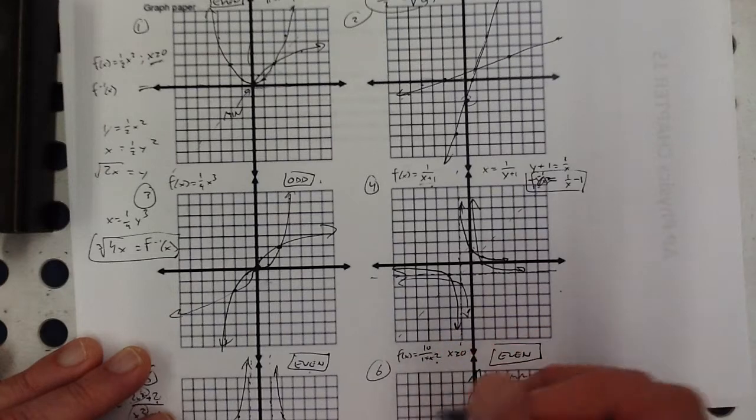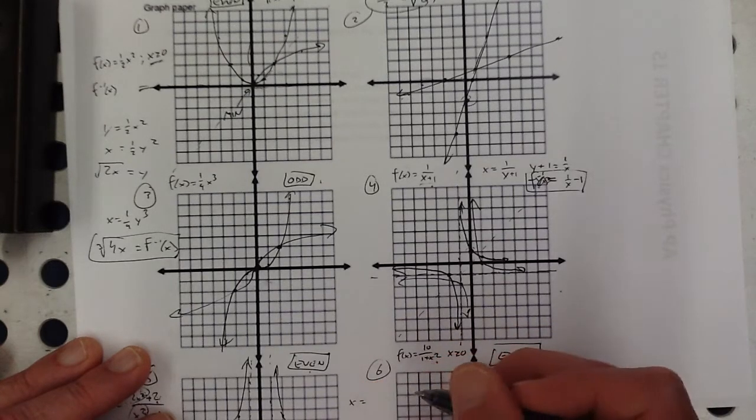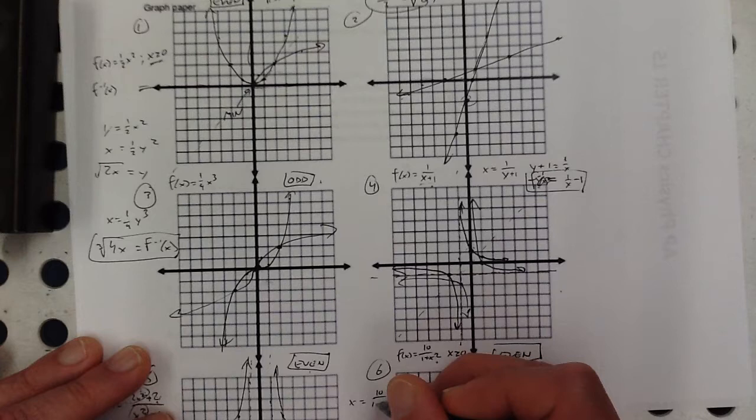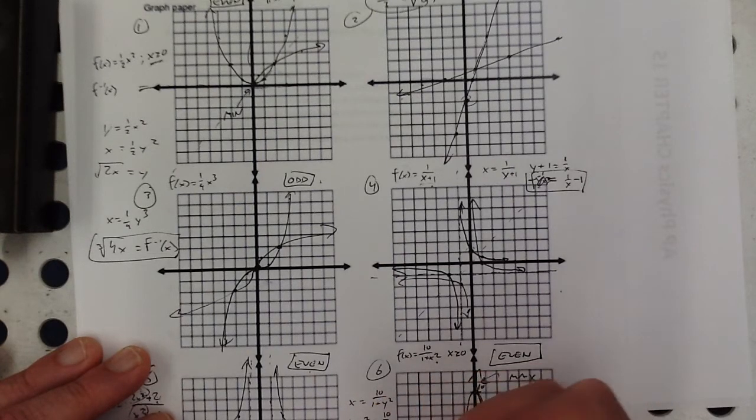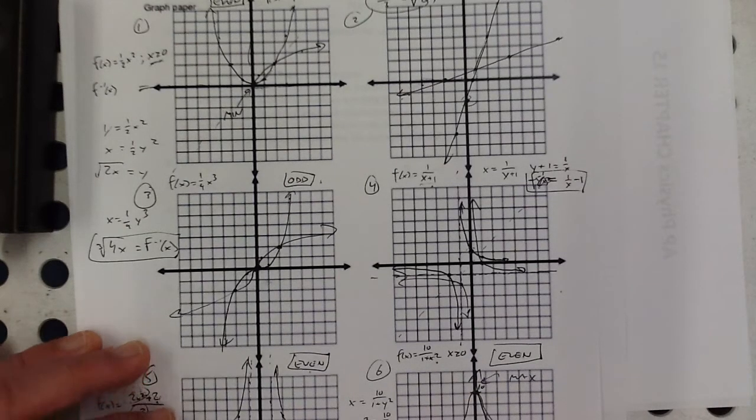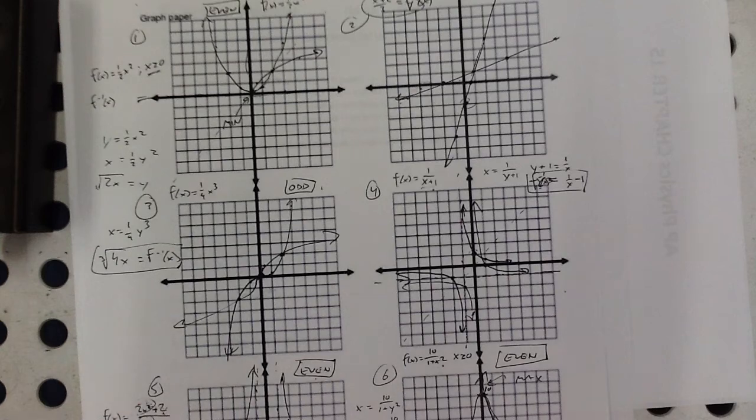I would just have to do x equals 10 over 1 plus y squared, and then flip that. It's 10 over x, and then move the 10 over x minus 1 over to there, and then do that. Right. And it'll be all good.